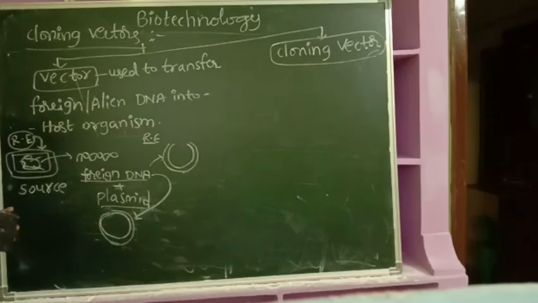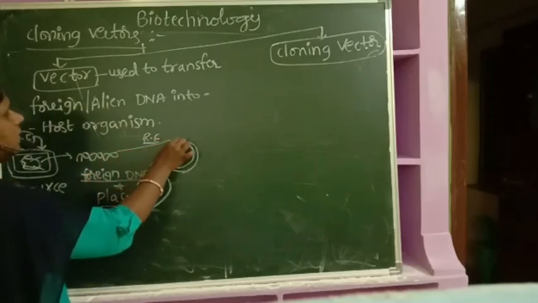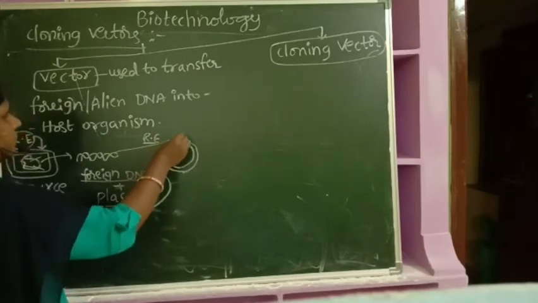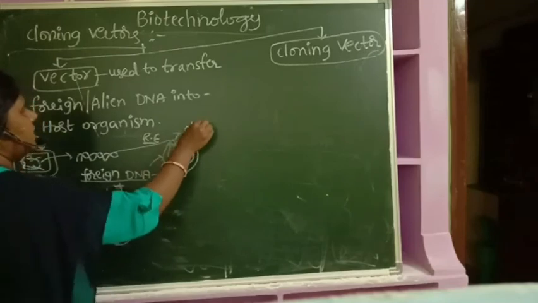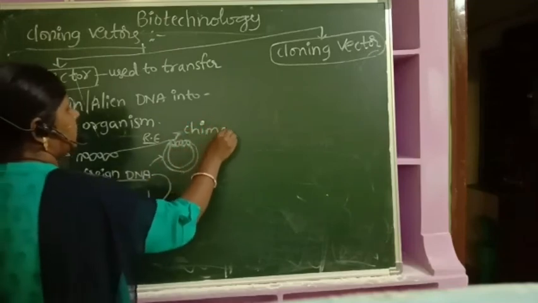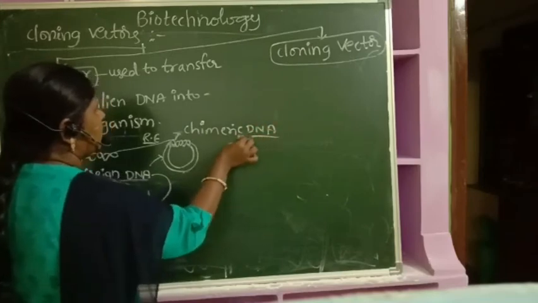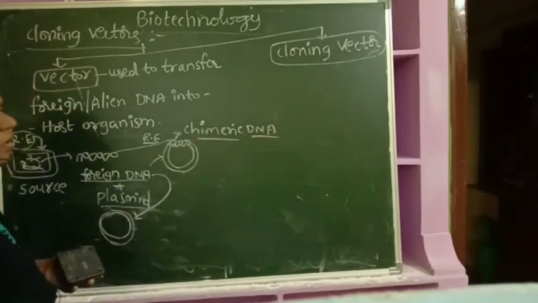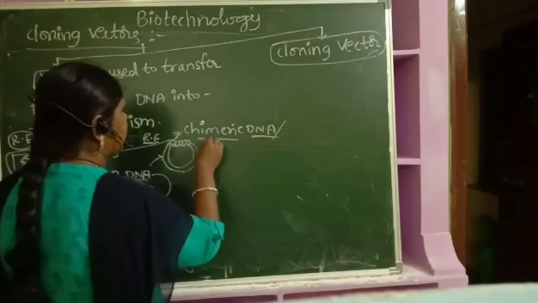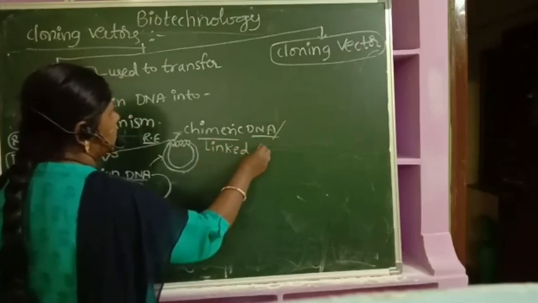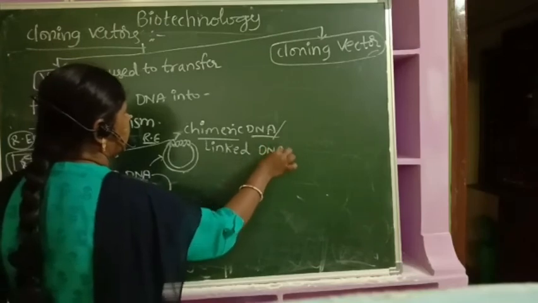As a result, the foreign DNA will come and join here. This is also called chimeric DNA, or linked DNA.